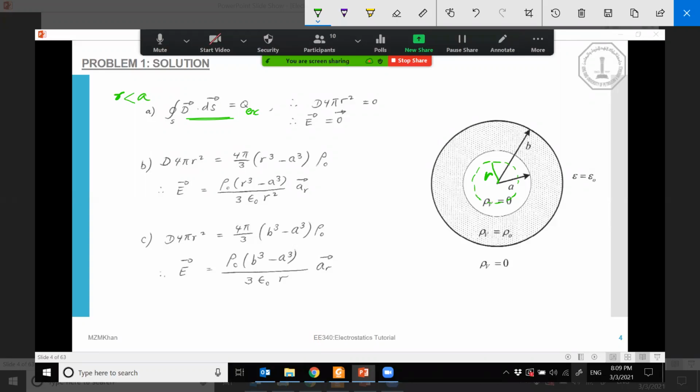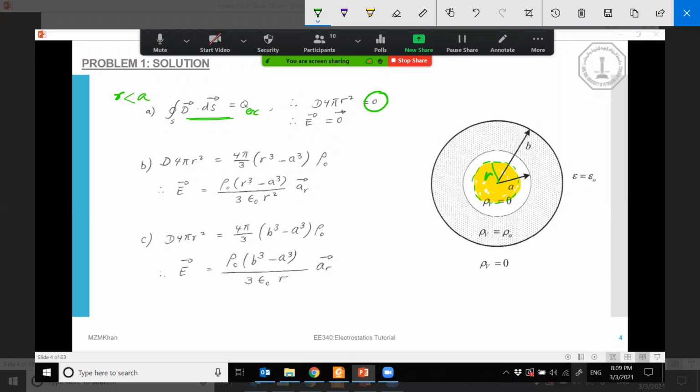The charge density is 0 here. So in this spherical shell, which I am showing with this yellow color, there is no charge, and that's why your charge enclosed is 0.